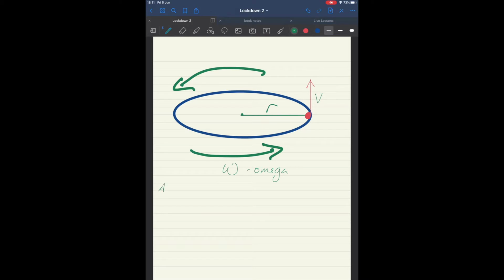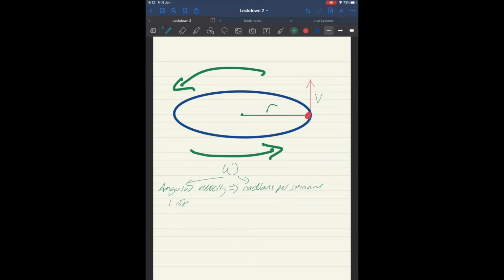Don't worry too much about the word. Omega is just the Greek symbol. This is called angular velocity. Angular velocity is measured in radians per second.